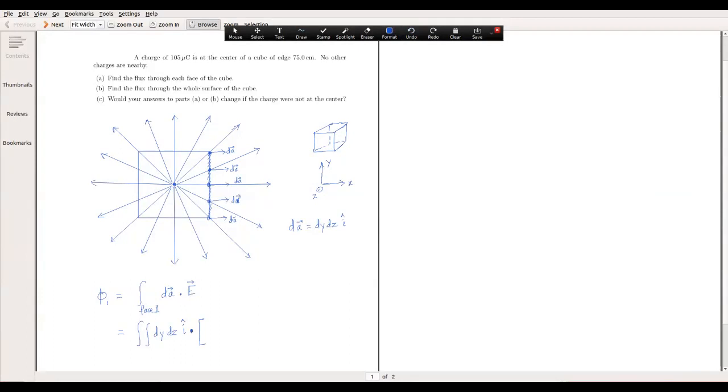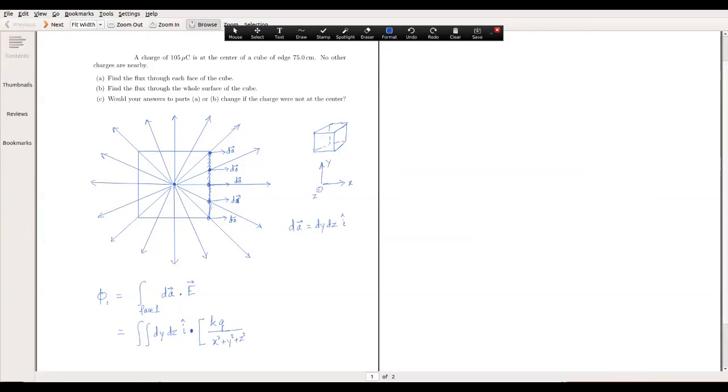Area is in the i direction, but the electric field is kq over r squared, where r squared is x squared plus y squared plus z squared. And then we need a direction to that.